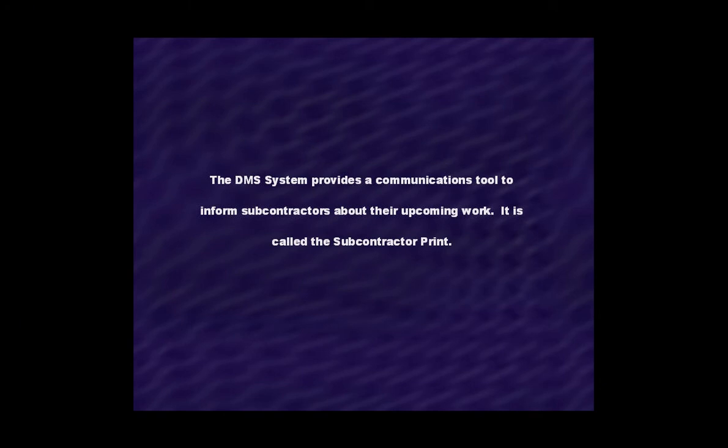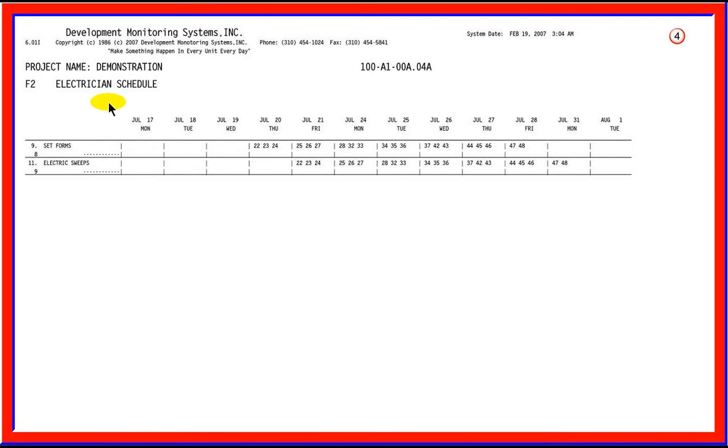The DMS system provides a communications tool to inform subcontractors about their upcoming work. It is called the subcontractor sprint. While the master schedule is a current snapshot for all affected subcontractors, the system also provides each individual subcontractor with his own schedule.